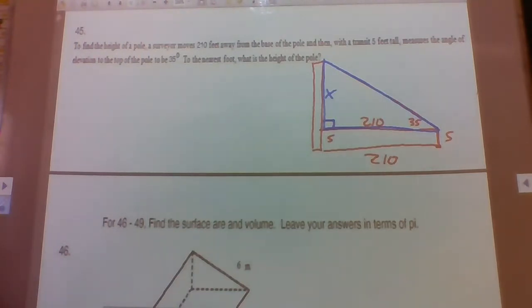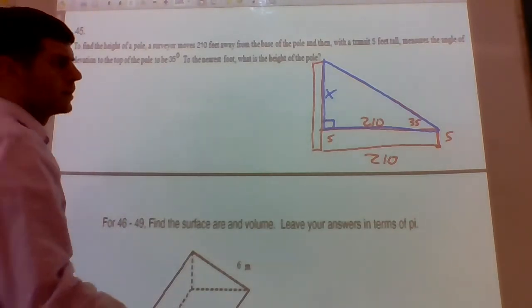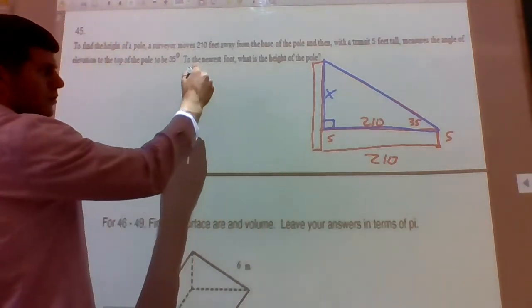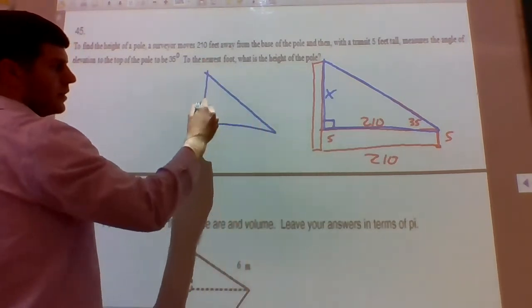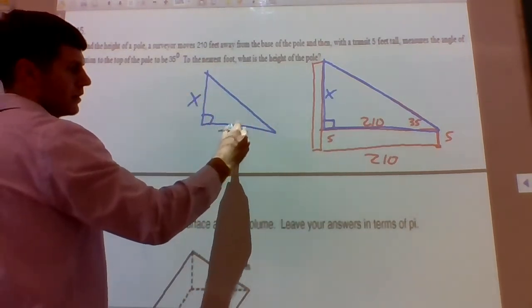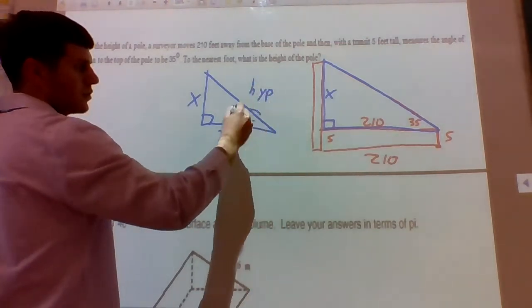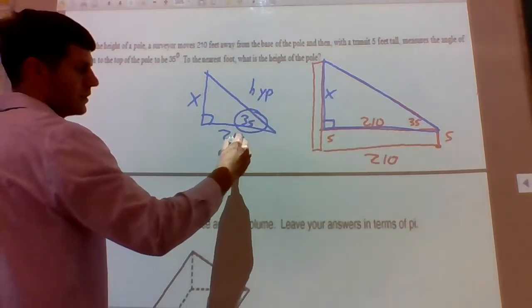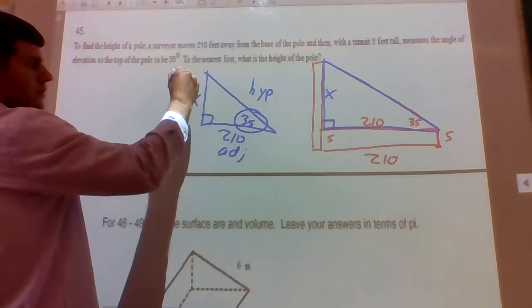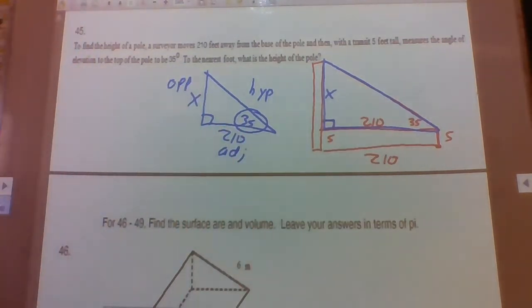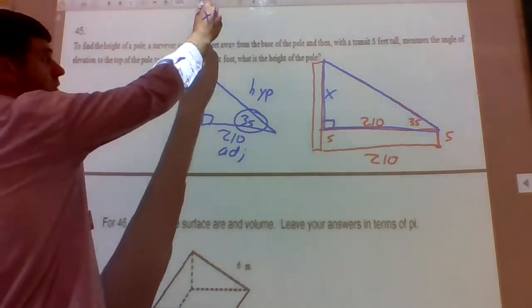So we have this triangle. I'm just going to draw the triangle again one more time: x, 210, and 35. We want to label the hypotenuse first. Circle the angle. Adjacent is next to. Opposite is across from. So we have opposite and adjacent. So that's going to be SOHCAHTOA.